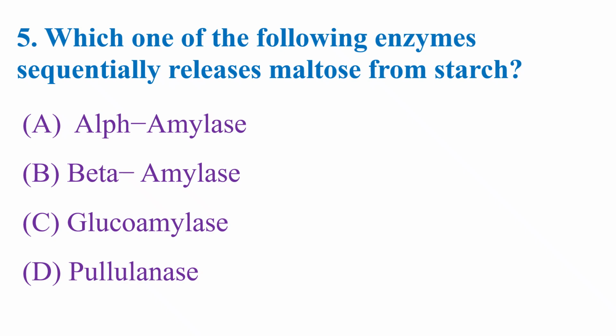Question 5. Which of the following enzymes sequentially releases maltose from starch? Alpha amylase, beta amylase, glucoamylase, or pullulanase?